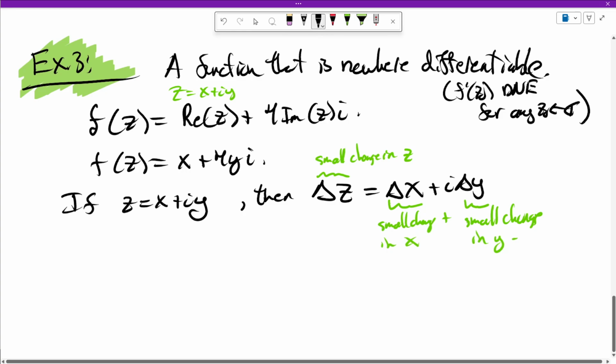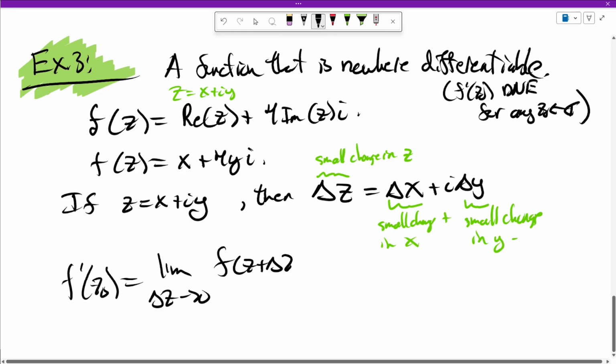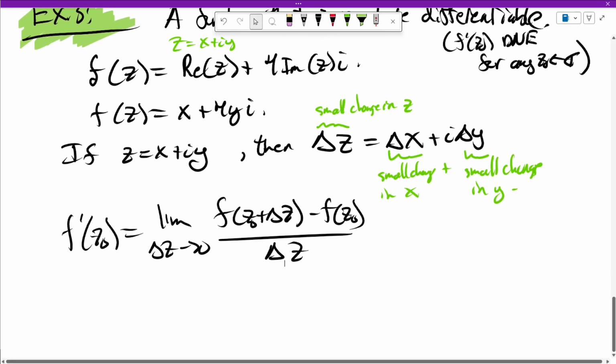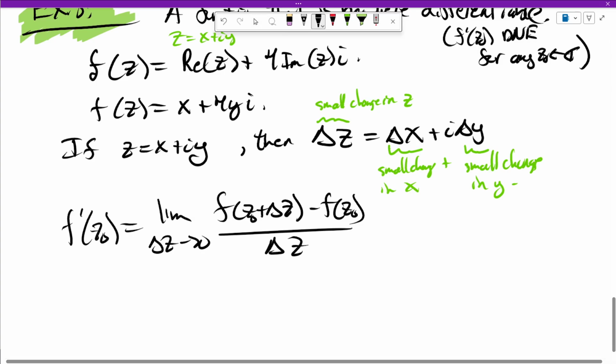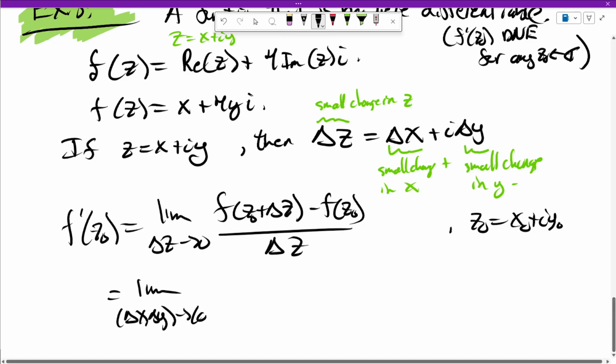So in particular, when we're looking at f prime of z naught, which is the limiting value as delta z goes to 0 of f of z naught plus delta z minus f of z naught over delta z, what we're really going to be looking at here is, if we write z naught as x naught plus iy naught, the limit as delta x, delta y goes to 0, 0, because that's what happens as delta z goes to 0.